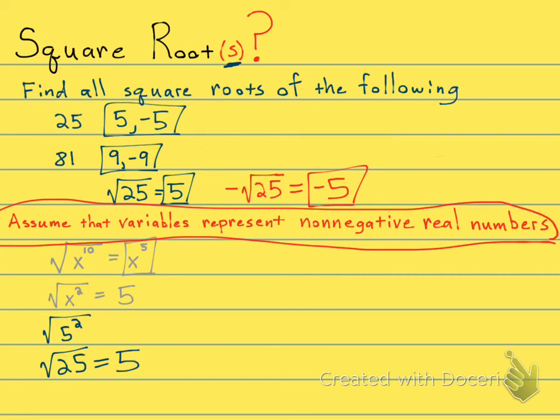You don't have to worry about the possibility that x is -5, right? Which also gives you the square root of 25. Okay, so you don't have to worry about this. You're going to assume that the variables represent non-negative real numbers, and you'll be able to go straight to this.